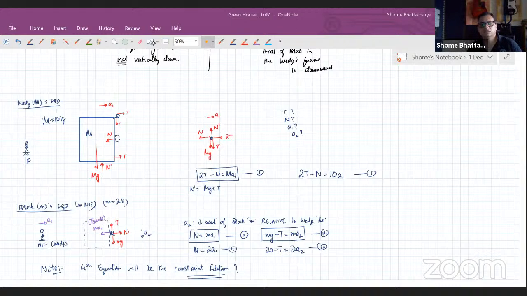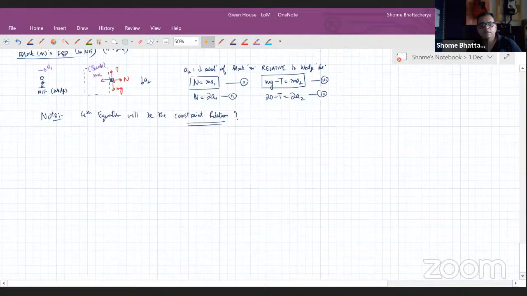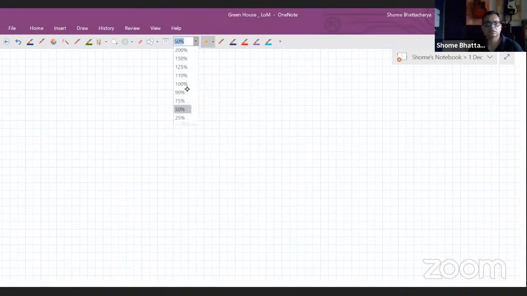The constraint relation here will be that A2 will be twice of A1. Let's understand why that will be the case.